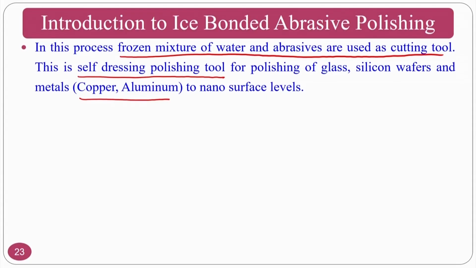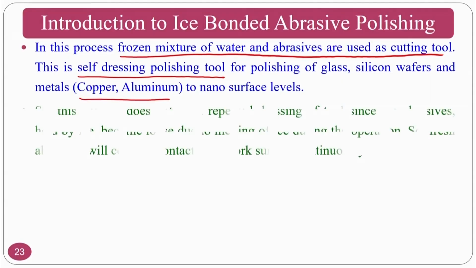For that purpose, safely you can go for aluminum and silicon glasses, because this has tremendous applications in mirror applications for the silicon industry or MEMS industry and other industries.